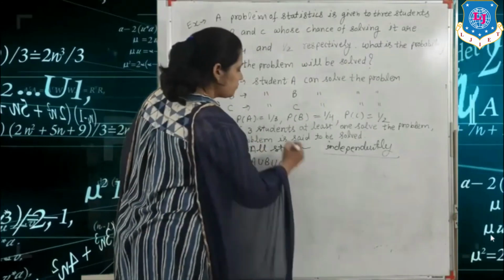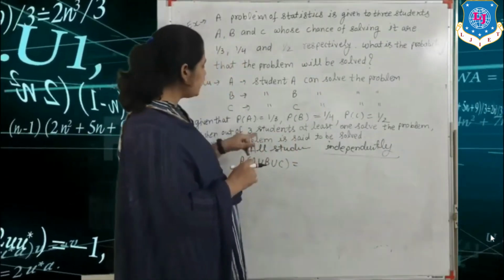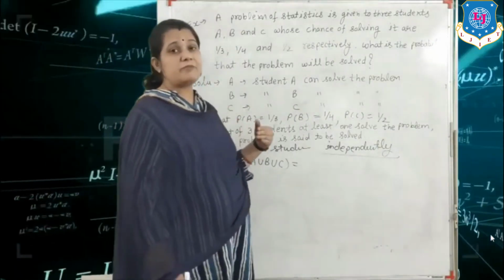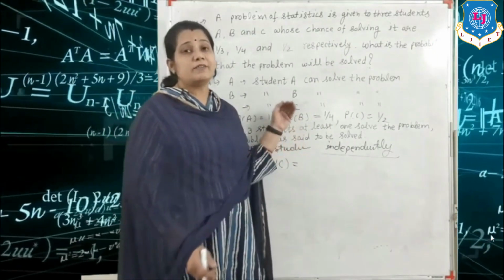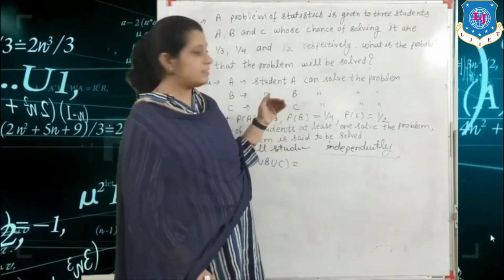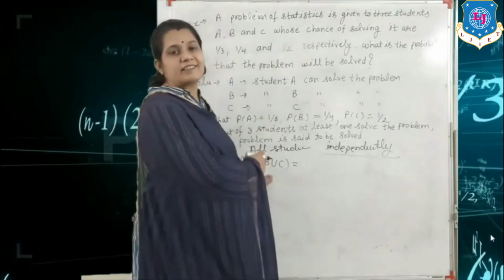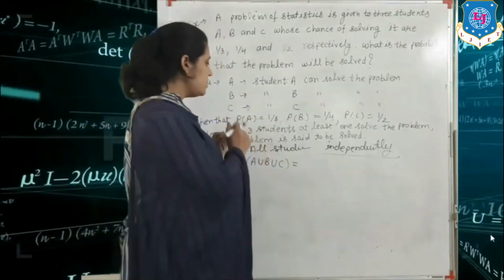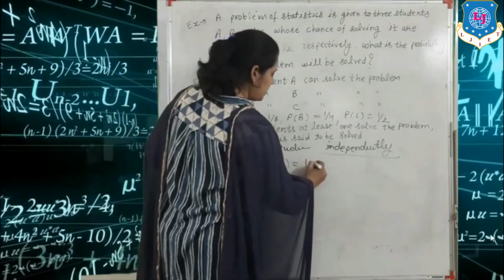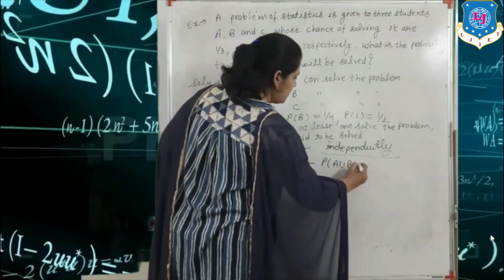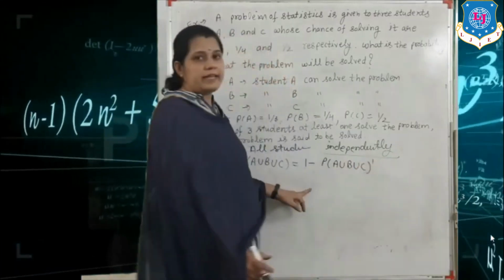According to the question, we are given the probabilities of A, B and C individually: 1 by 3, 1 by 4 and 1 by 2, and we find the answer P(A union B union C). So first we write 1 minus the probability of (A union B union C) dash.